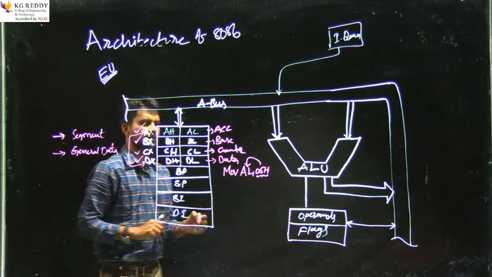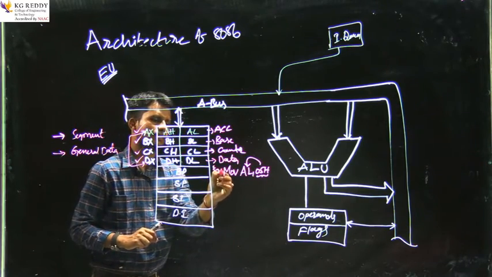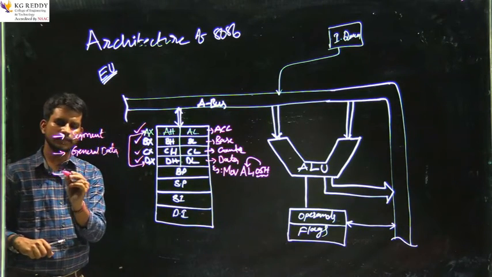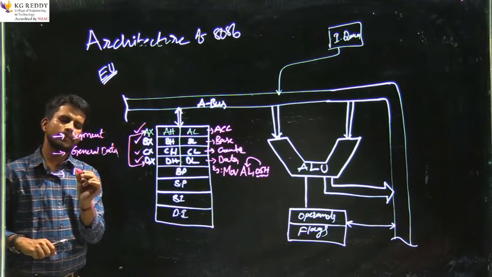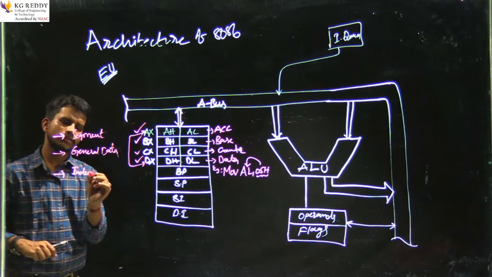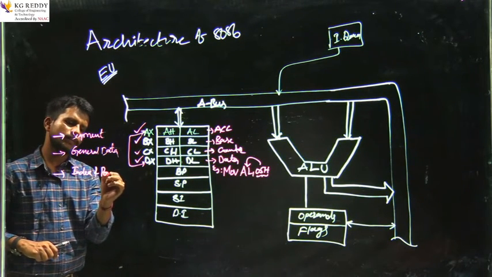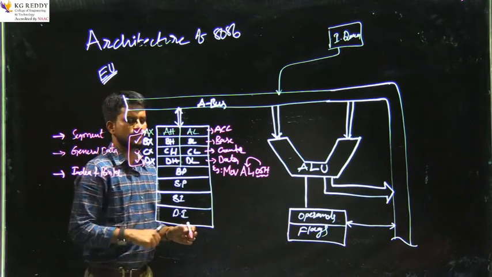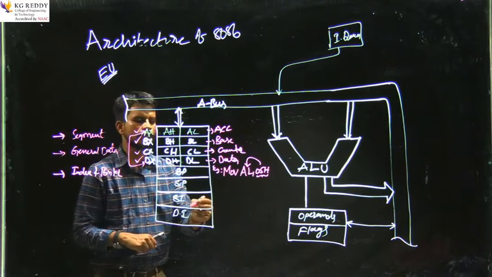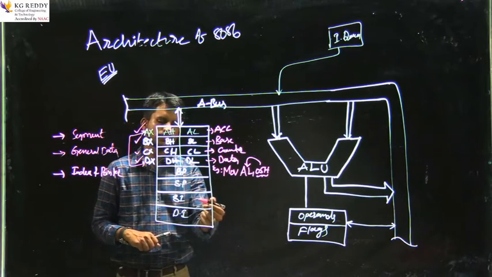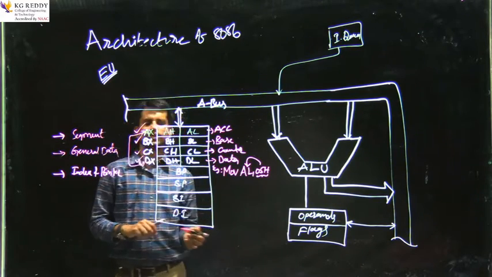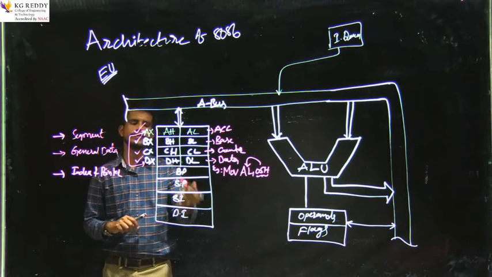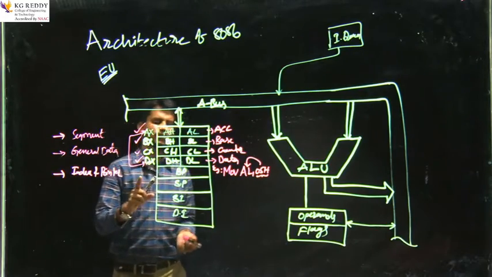Okay, these are the different kinds of registers in the second set, that is, the general data registers. And the third set is index and pointer registers. Index registers basically are the source index and destination index, which we use when we want to send or receive data, or for different kinds of addressing mode generation, source and destination operations.